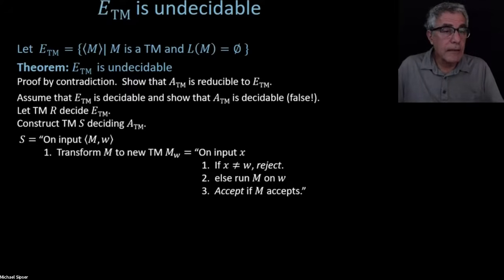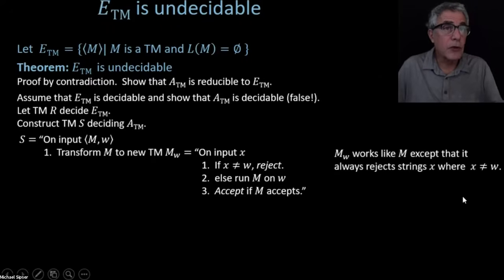All right? I'm going to look at two aspects of this. First, let's understand the language of this new machine, and then we'll talk about how we go about doing this transformation. So first of all, for emphasis, M_W works just like M. It has all the rules of M in it, except some extra rules.